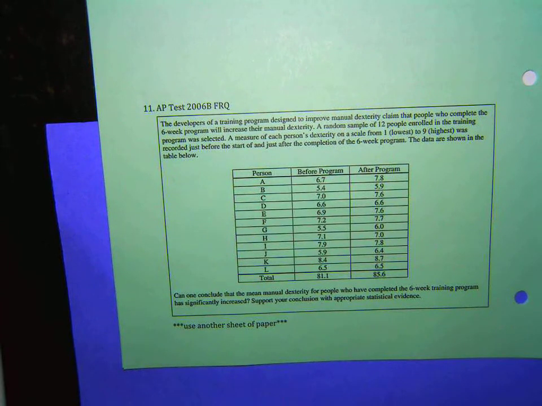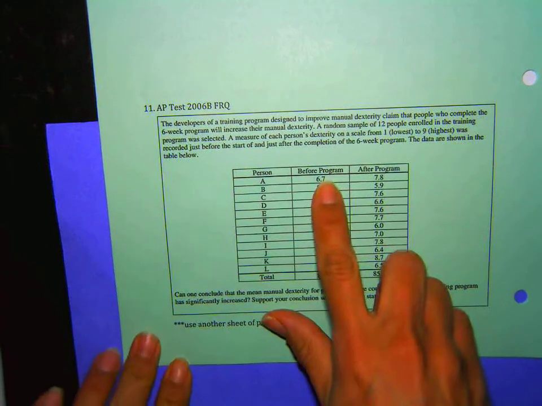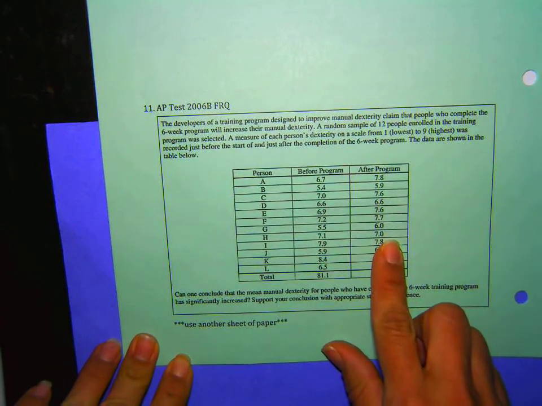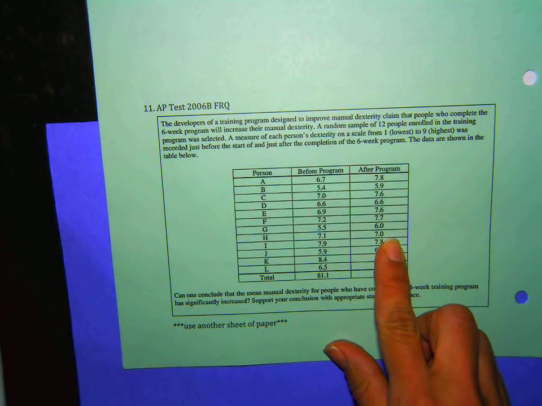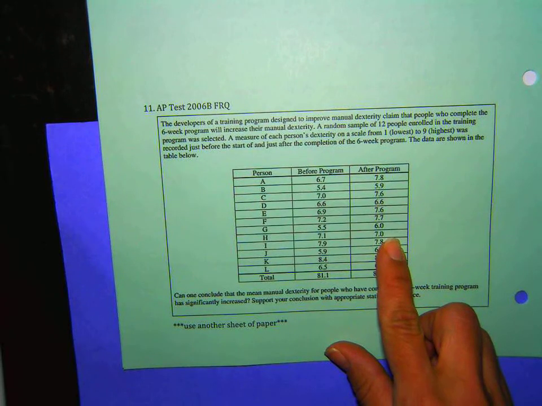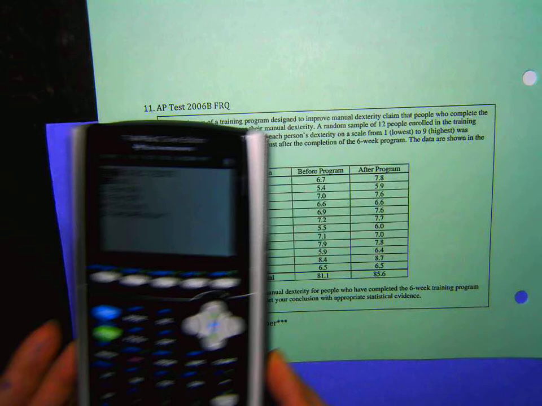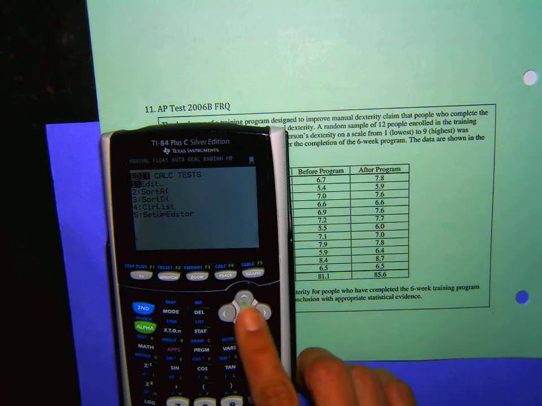If I notice I have a before value and an after value, what I really need to know is how this sample of people increased or decreased after the program. So the first thing I do before I start this is calculate the differences. I'm going to do after and then subtract the before.